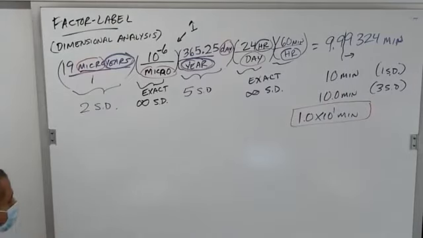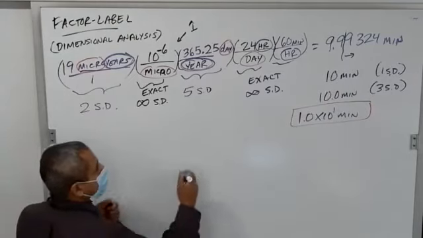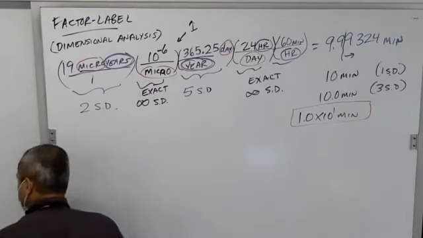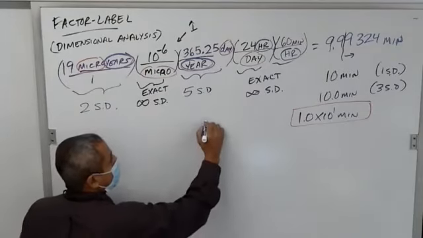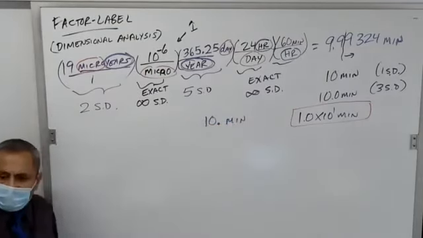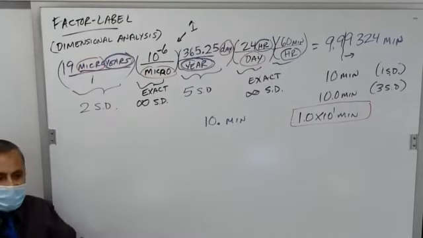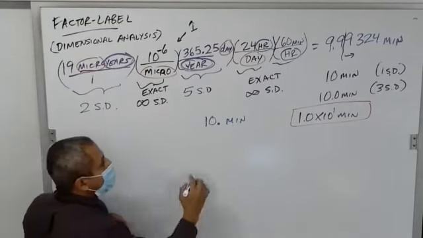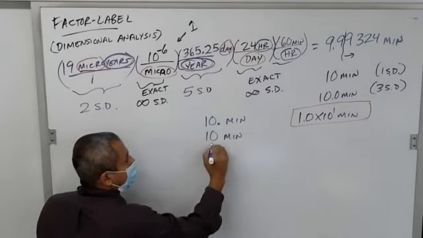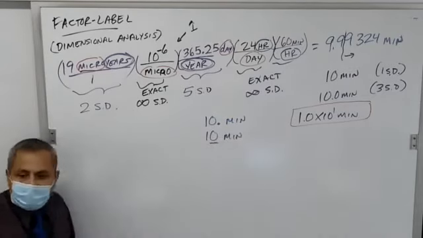I always get someone who says my teacher taught us that you write 10 with a dot in it. Did anybody learn that? Yeah, we always get a few. And other people may have learned that you do 10 minutes and then an underline or a squiggle. Did anybody learn that?